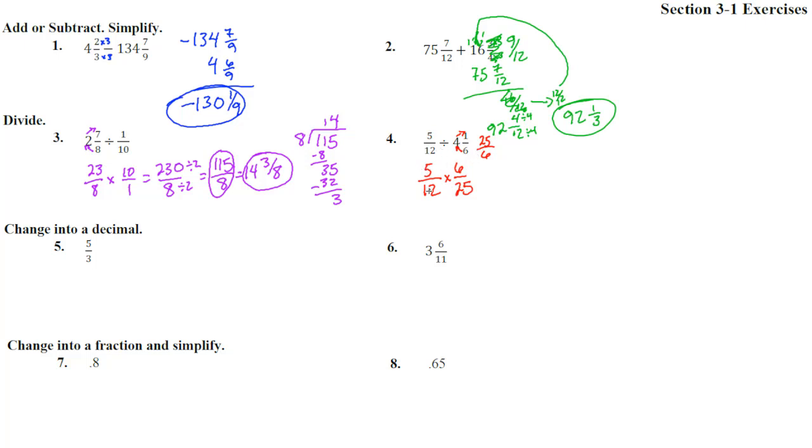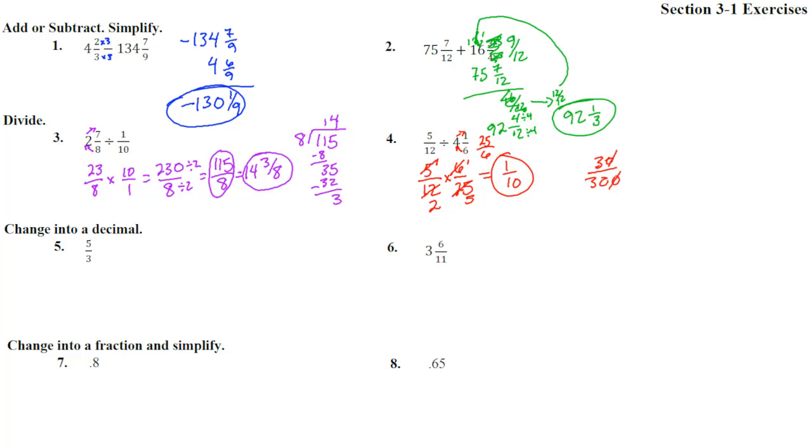Okay, can we simplify? Oh, let's use that trick to simplify ahead of time. We can take a 5 out of the top and the bottom there, and we can take a 6 out of the top and the bottom there. So we get 1 times 1 is 1, 2 times 5 is 10. Now, if we'd waited until afterwards, we'd have had 5 times 6 was 30, and 12 times 25 is 300. So yeah, you can see how that would have been, 3 out of 30, we get 1/10.